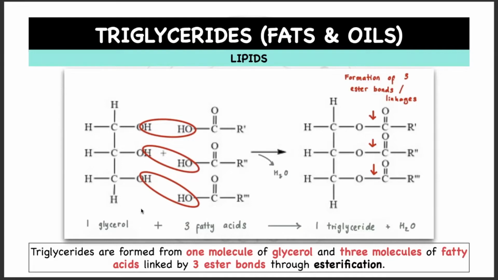When they combine, okay, through the condensation process, you will actually remove 3 molecules of water. I forgot to add the 3 over here. So you see here, water will be cleaved, water will be cleaved, water will be cleaved. So through condensation reaction, you will form 3 ester bonds.